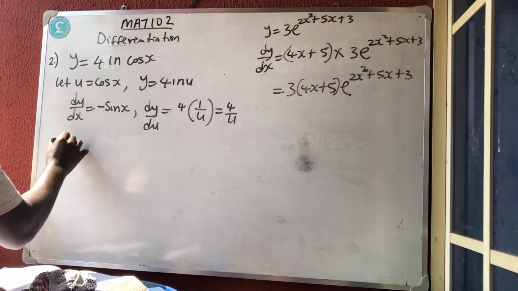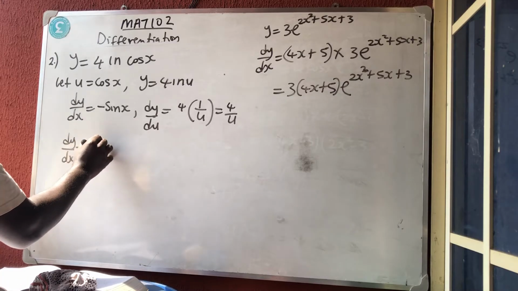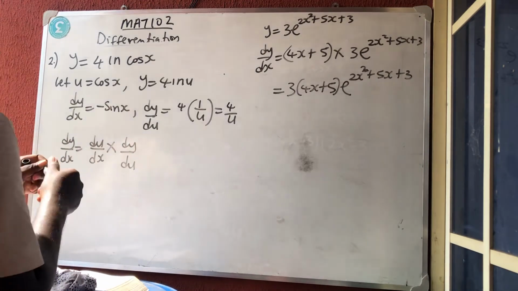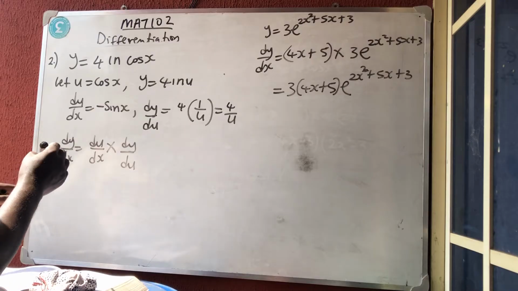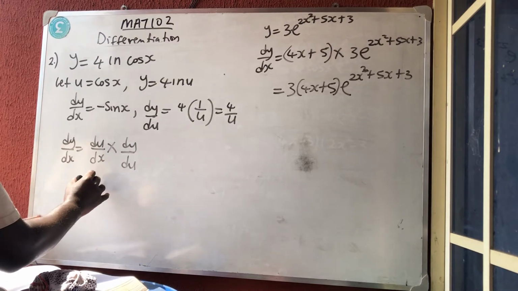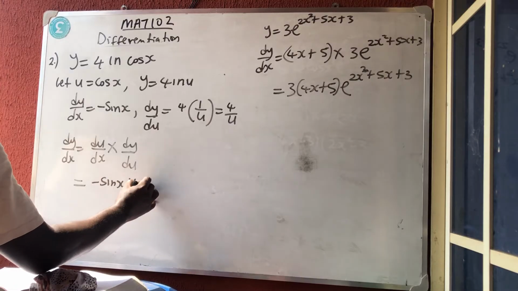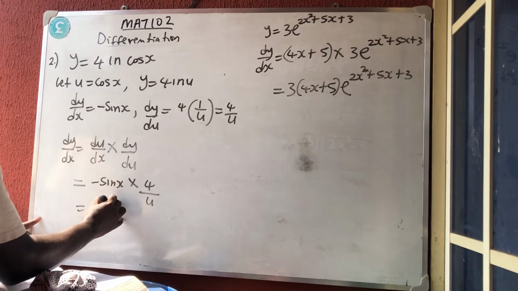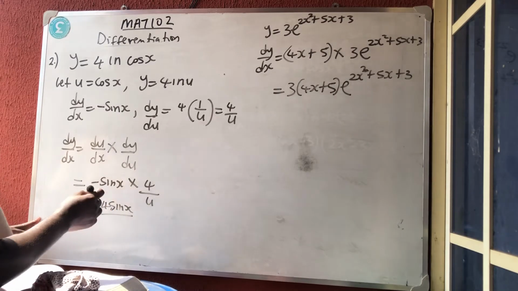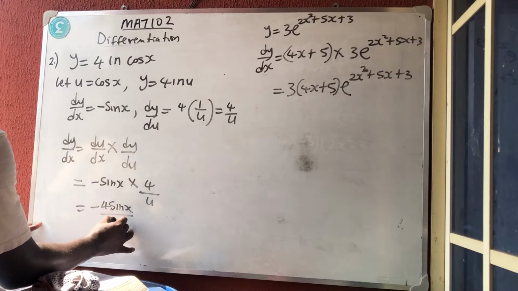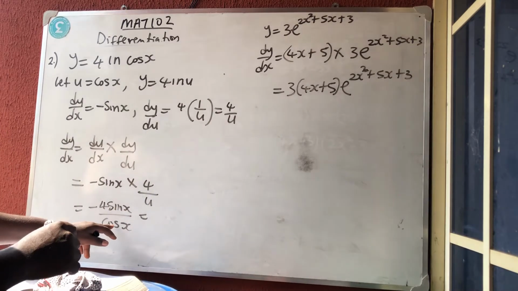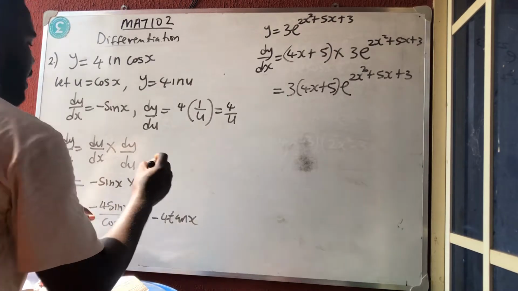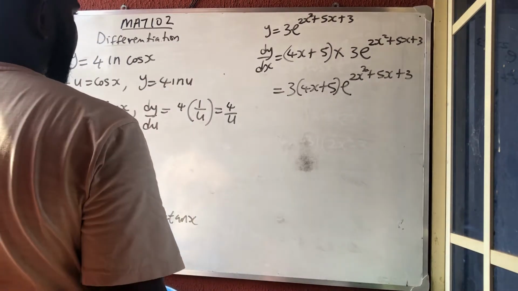So therefore my answer is now dy/dx is equal to du/dx times dy/du. So we are now having minus sine x times 4 over u, which will give you minus 4 sine x all over u, which is cos x. Now if you look at sine over cos according to trigonometry is tan. So my answer is now minus 4 tan x. Okay, so that is that.